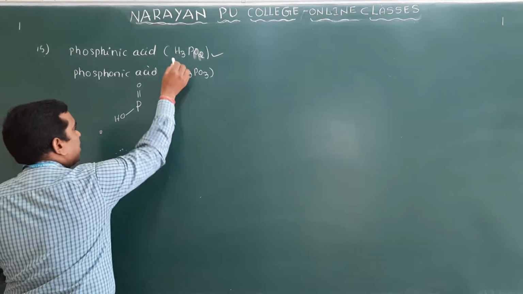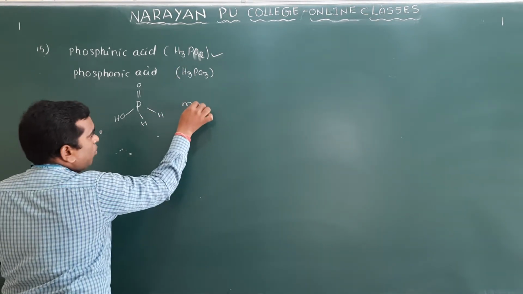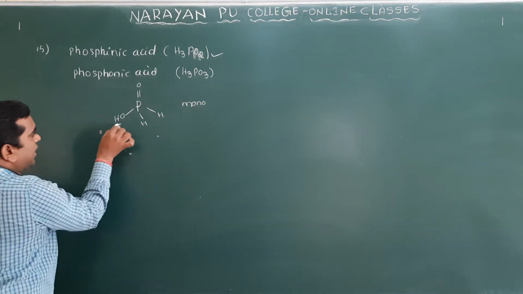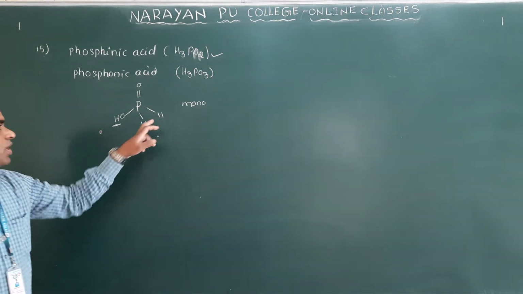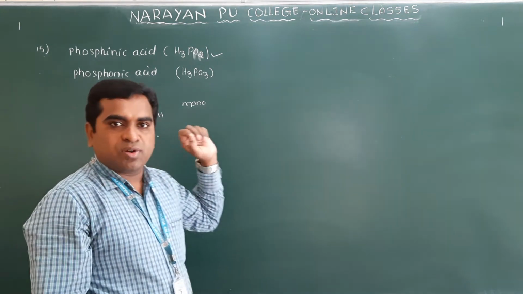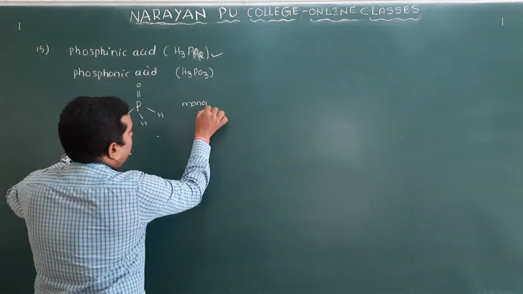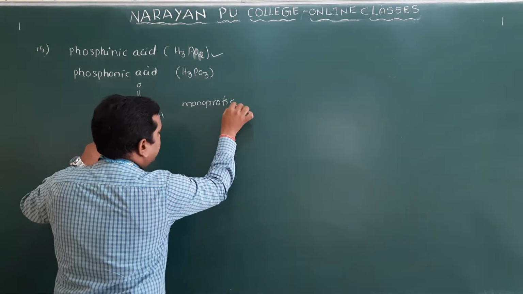Then how many hydrogens are there? Two hydrogens, but these are not protic hydrogens, because the hydrogen should be attached to a highly electronegative atom. That is the only protic hydrogen, so it can only give one H plus. So it is monoprotic.